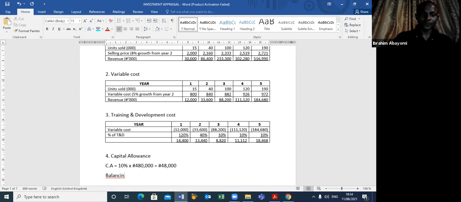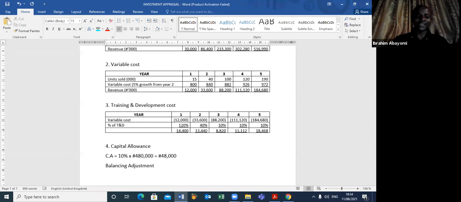Balancing adjustment. Now, balancing adjustment is what? It is the comparison between sales proceeds and tax written down value. What is our tax written down value?